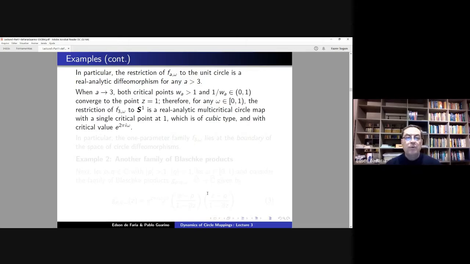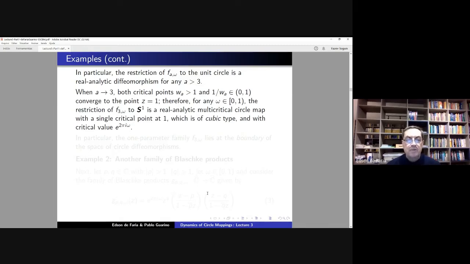However, when A is equal to 3, these 2 critical points coalesce at the point z equals 1, and therefore you have a cubic critical point at z equals 1, okay?